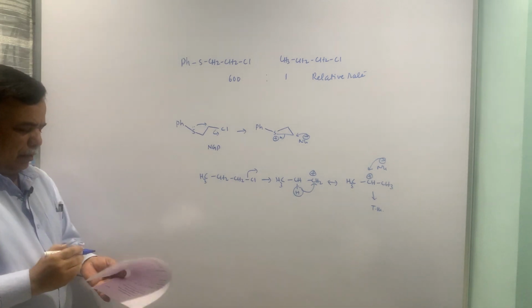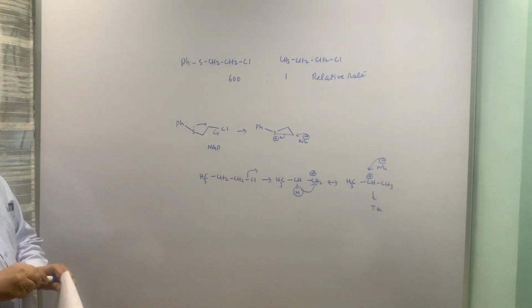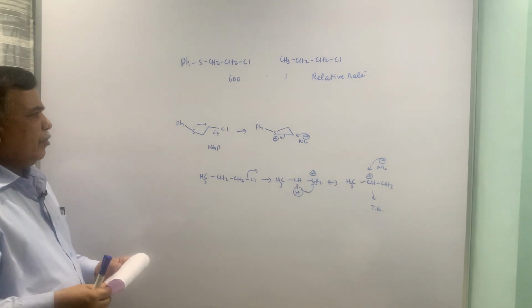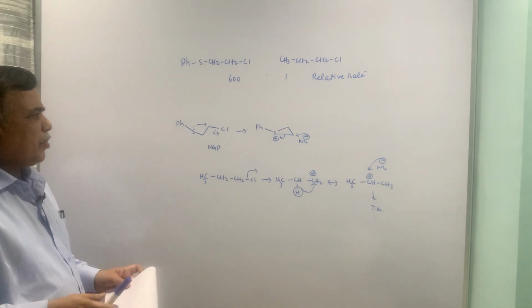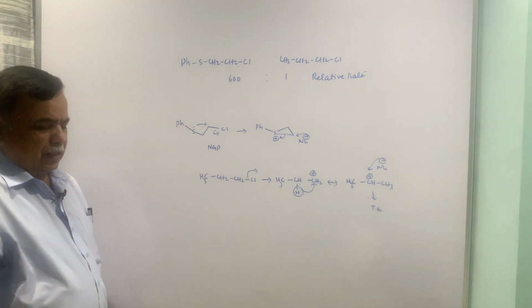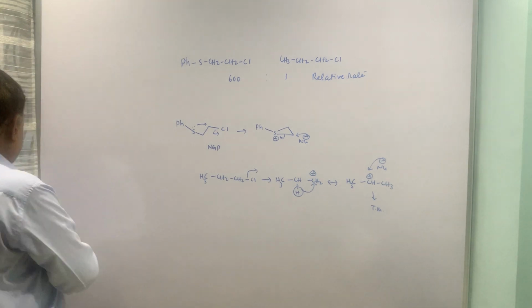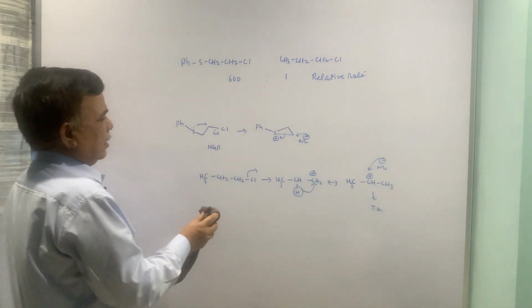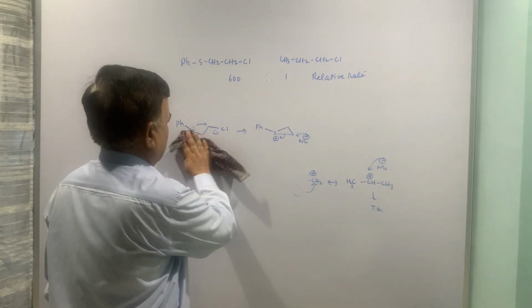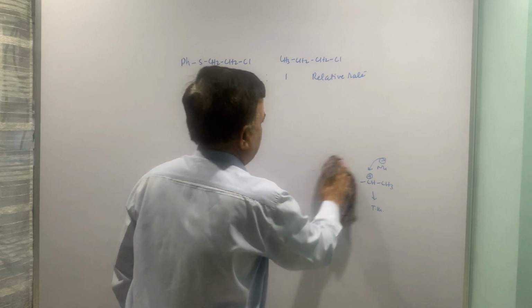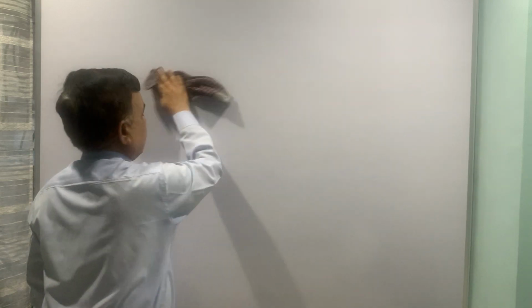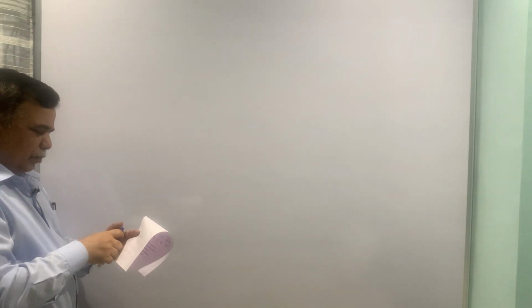So the enhancement in the rate can be attributed to the neighboring group participation. In this case, it is the NGP by sulfur, and that is causing the hike in the solvolysis or hydrolysis of the primary halide. Okay. Now the second example.